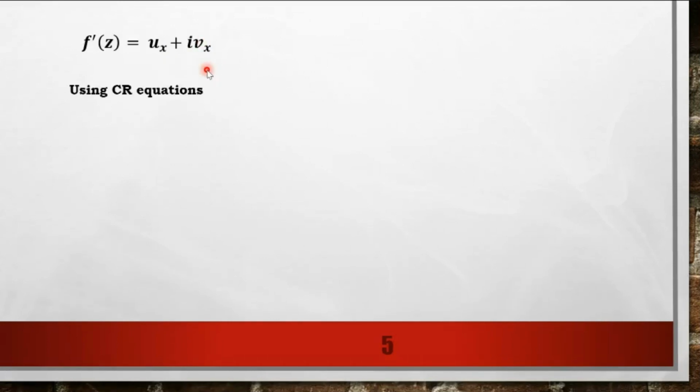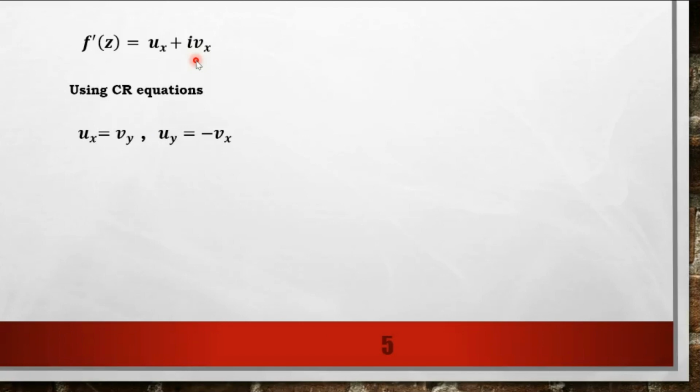तो now we are going to make use of the CR equation. Okay, ux is equal to vy and uy is equal to minus vx. So now replace vx by, क्या हो जाएगा? Minus uy. From the CR equation, I can replace vx by minus uy. Why we are doing it? Because we know what are ux and uy. We are not having this function vx because हमें खाली u दिया हुआ है, v का कुछ भी नहीं दिया हुआ है.